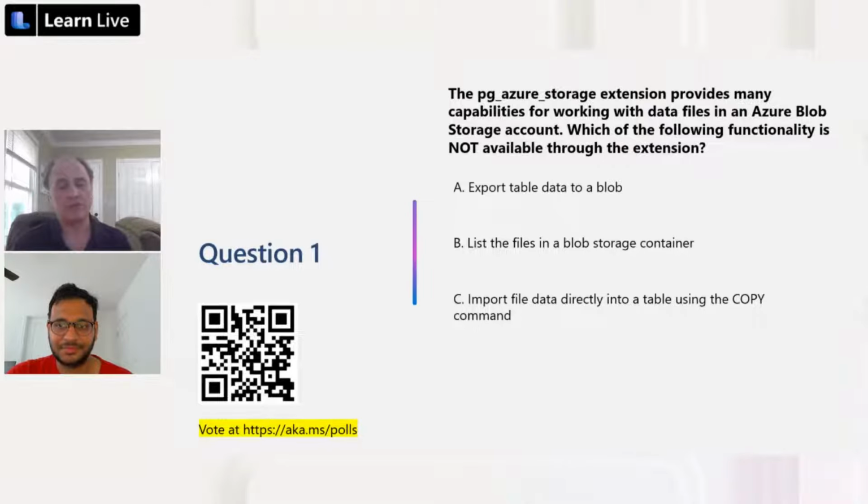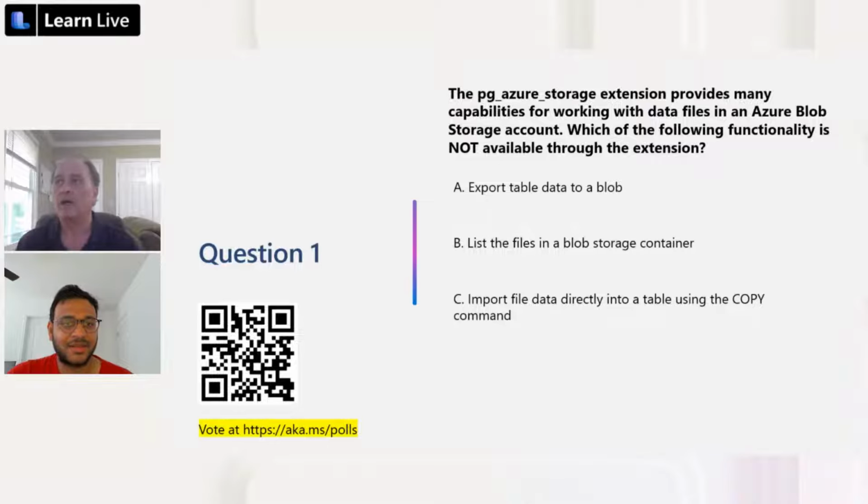Which of the following functionality is not available through the extension? Is it A, export table data to a blob? Is it B, list the files in a blob storage container? Or is it C, import file data directly into a table using the copy command?